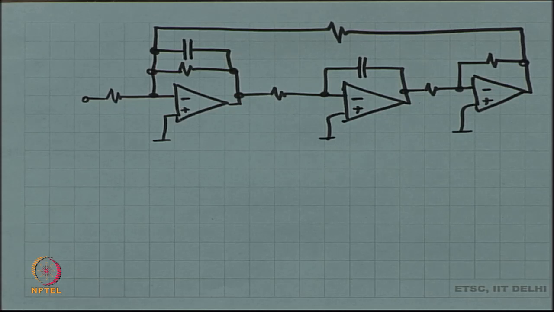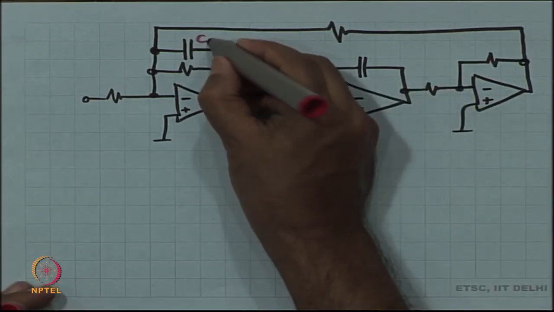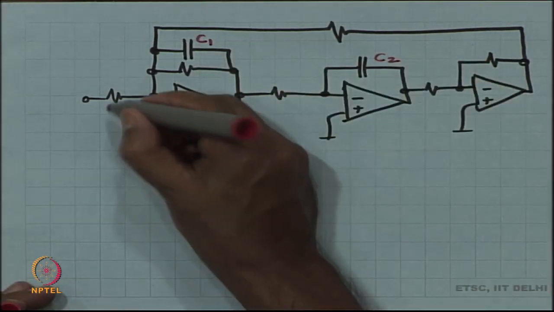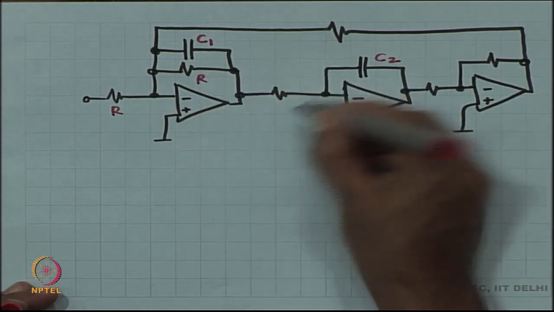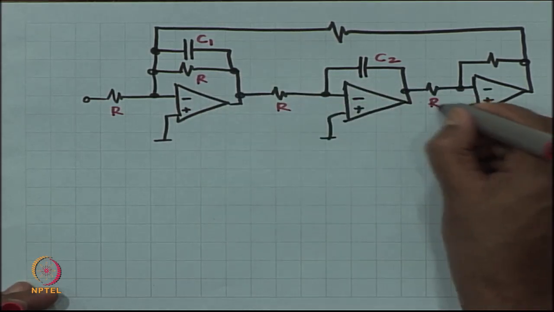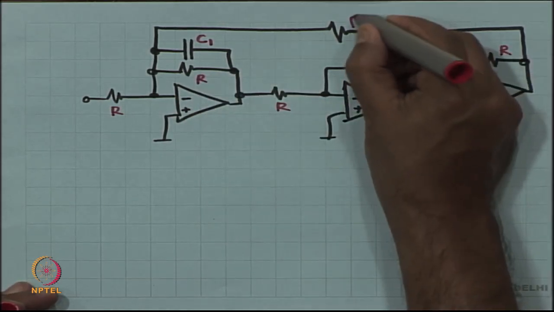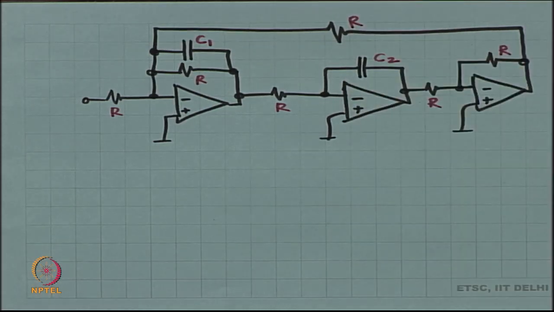Let us say all the resistors have value R, and let us say the capacitor, the first one is C1, the next one is C2, all resistors have value R. All right. This is the circuit.